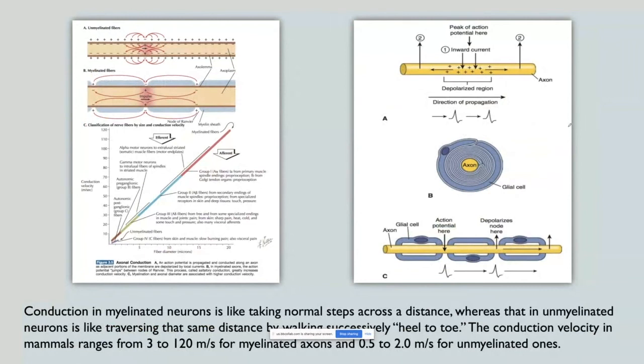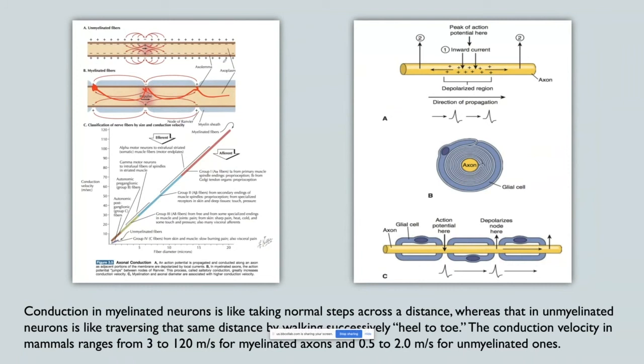And here we have the concept of the speed of propagation. Conduction normally goes faster when there are myelin cells, Schwann cells for example, because in myelinated fibers, all of this process of depolarization, repolarization, and so on will occur here, and then in the next one, and then in the next one, of these nodes of Ranvier.